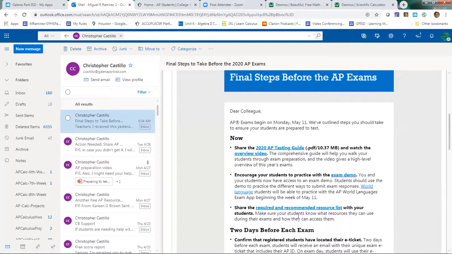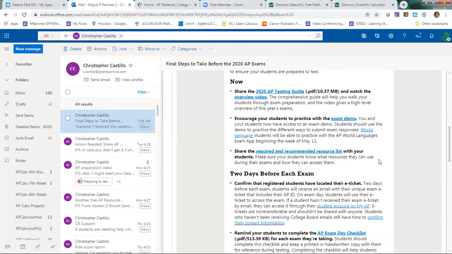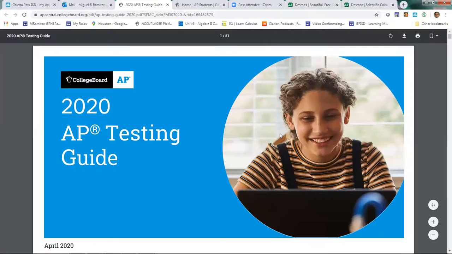It says AP exams begin on Monday, May 11, next week. We have outlined steps you should take to ensure your students are prepared for the test. Here is a testing guide, a PDF.